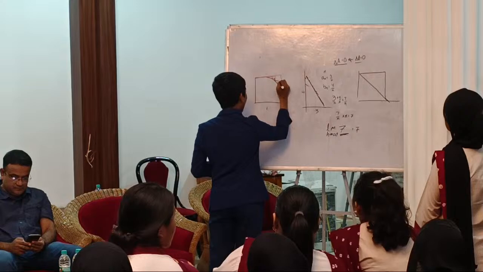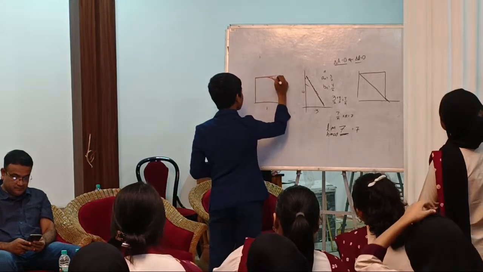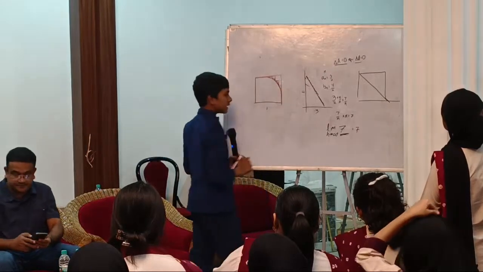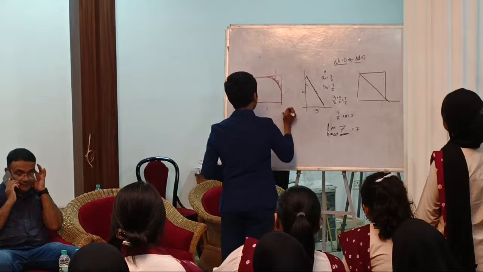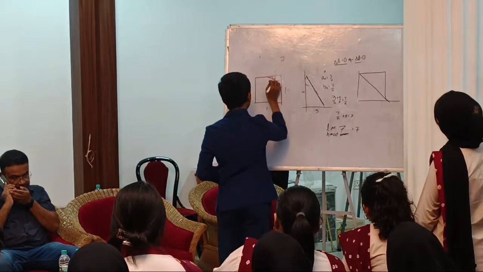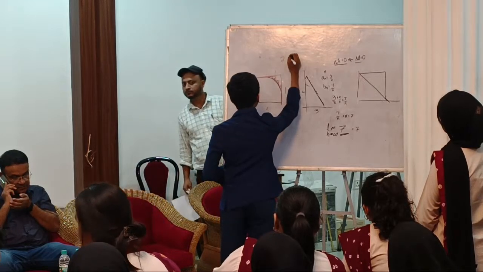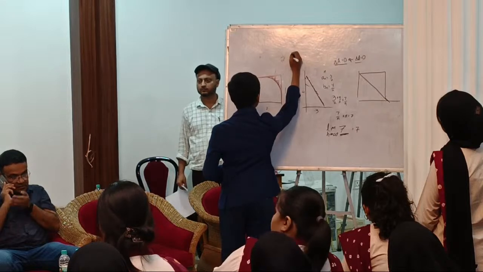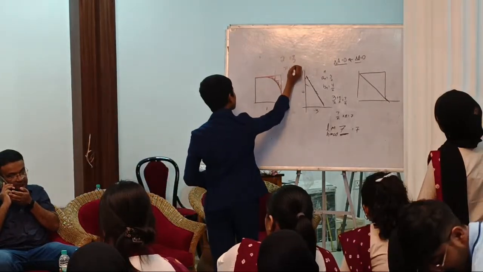You get more accurate every single time. And eventually, as you can see, the area between them is approaching 0. But everyone knows the perimeter of this square is 2, and the circumference of this quarter circle is just pi over 2. So is 2 equal to pi over 2? Is pi equal to 4?